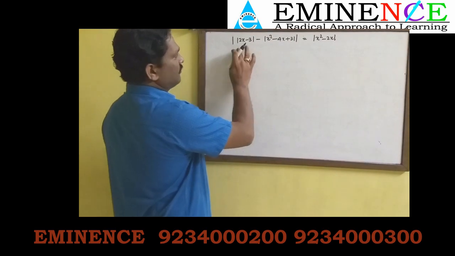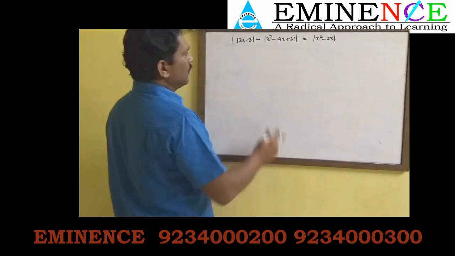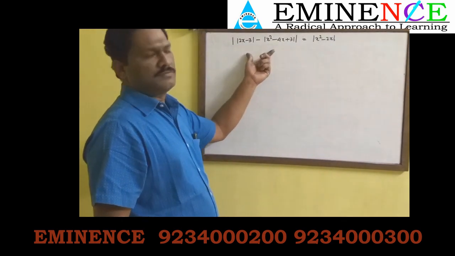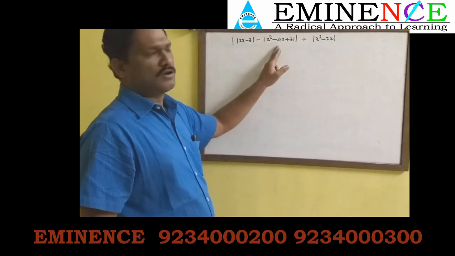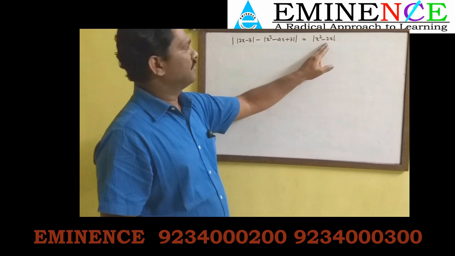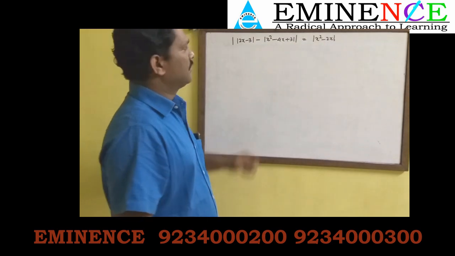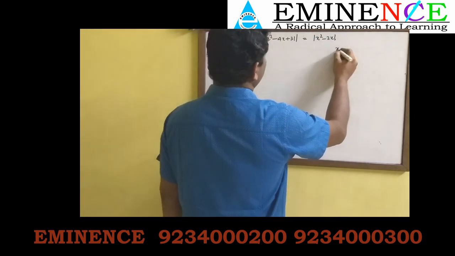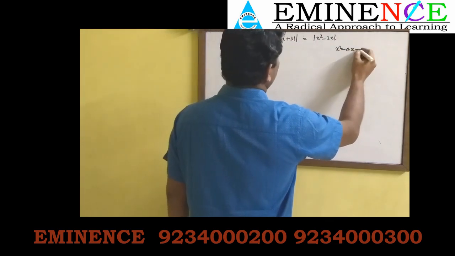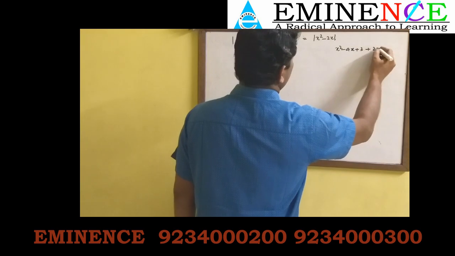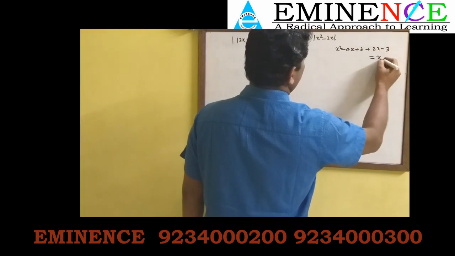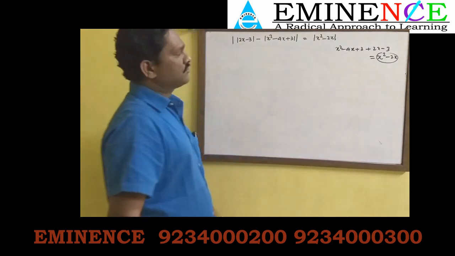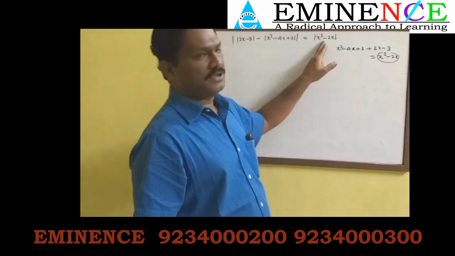Now let us discuss this question. If I try to solve this question by defining it free from modulus, it is definitely a very tedious process. One thing which you should calculate is x square minus 4x plus 3 plus 2x minus 3, which is equal to x square minus 2x. So the right side is of the form a plus b.